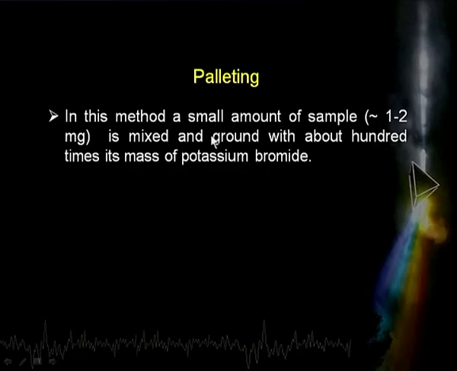The second technique, called pelleting, essentially uses a solid matrix. In this case we take a small amount of sample, say about 1 to 2 milligram, and mix it with about 100 times its mass of KBr. That means you take a large amount of KBr, about 100 milligram, put the two together, mix it well, and grind it again to make a fine mixture.